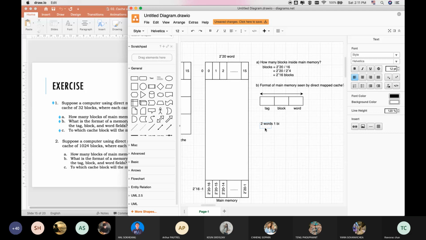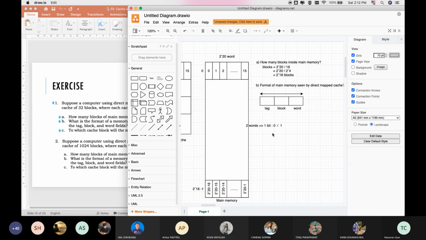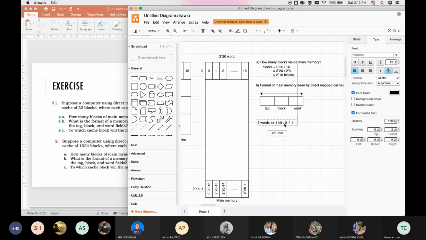Okay. And why 1 bit? Because in 1 bit, you can create 2 different values, which is 0 and 1. So you can use value 0 to represent the first word, and value 1 to represent the second word.